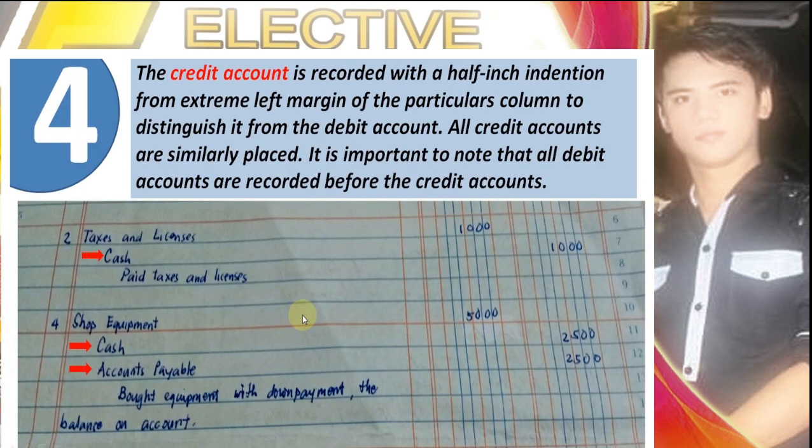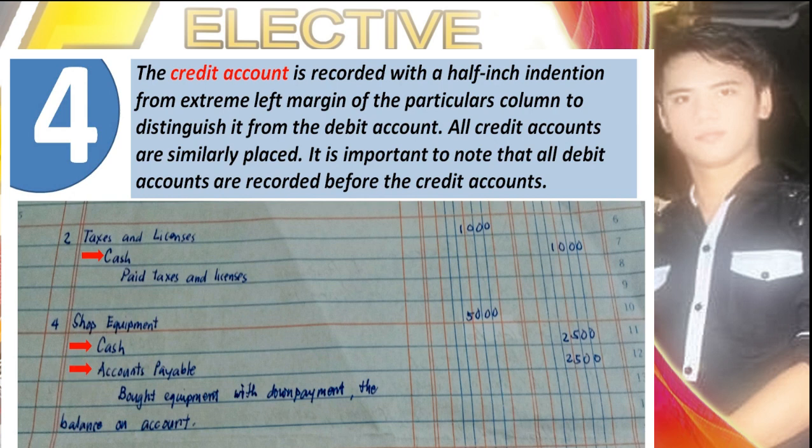Okay? Next, the credit account is recorded with a half-inch indentation from the extreme left margin of the particular column to distinguish it from the debit account. So it is indented. Indented by how much? Half-inch. You don't have to bring a ruler to measure the half-inch.